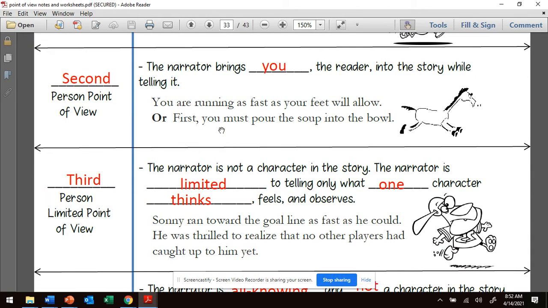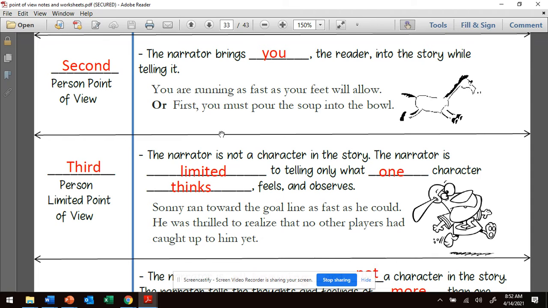Okay? Then we're going to move down to third person. Third person, there's a couple different types of third person. The first one is called third person limited. In this situation, the narrator is not a character in the story.